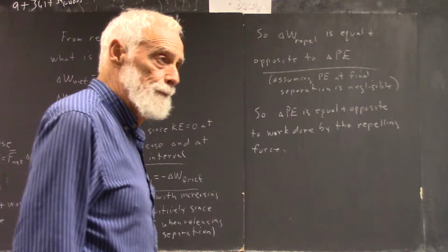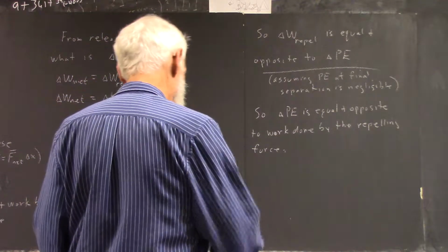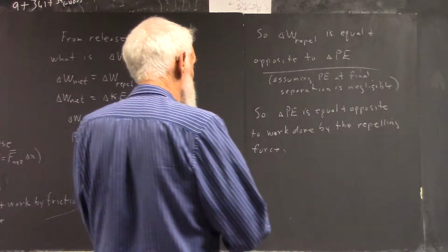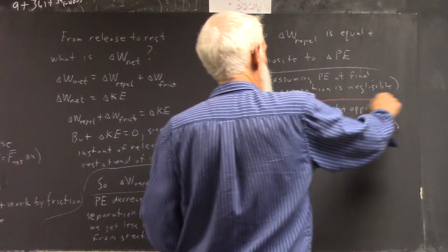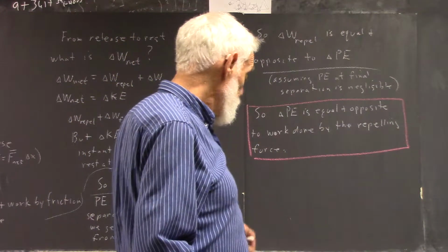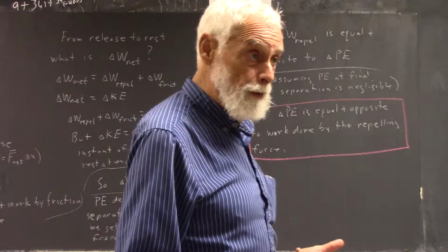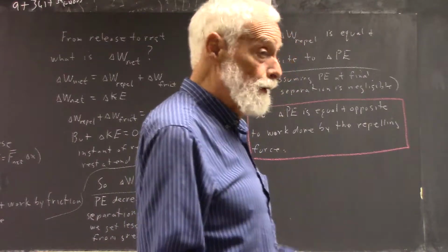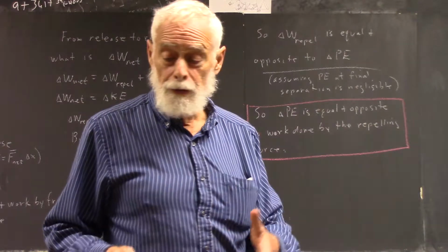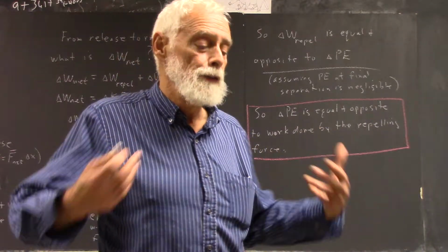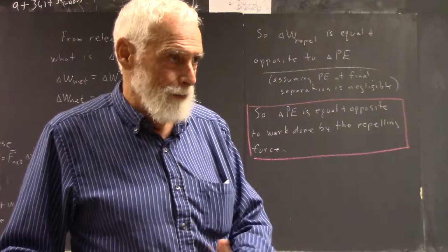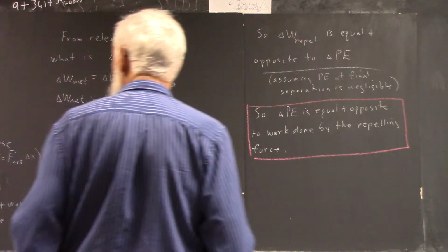Okay? Now, big deal, because this leads us directly to our definition of potential energy. And I only define change in potential energy because potential energy is always defined relative to some point, and we have to decide what point we use to define change in potential energy.